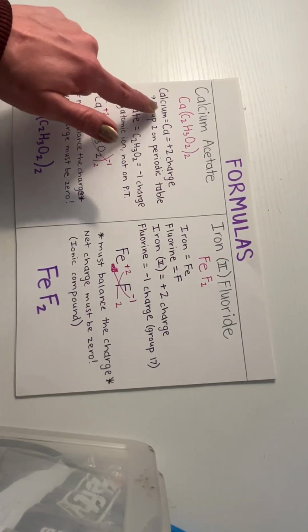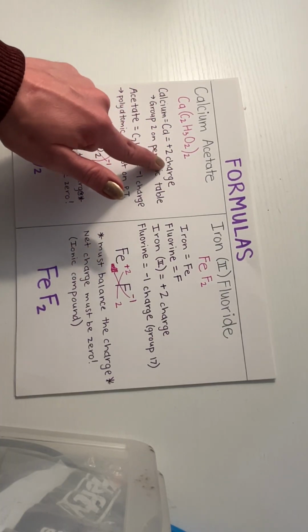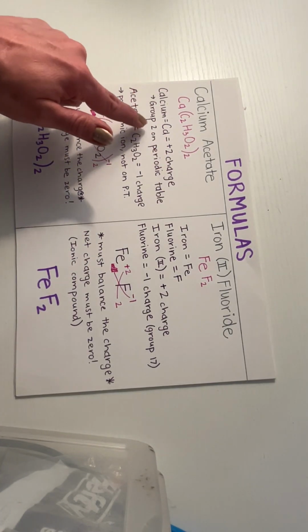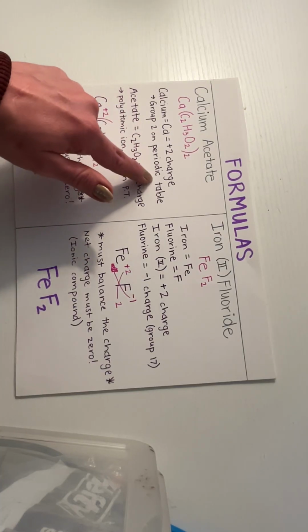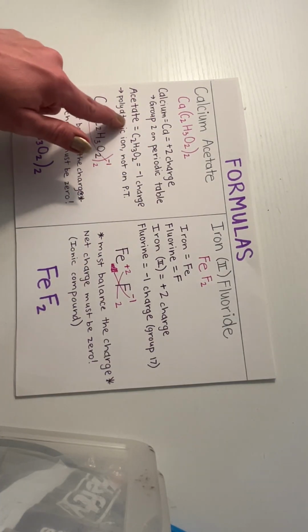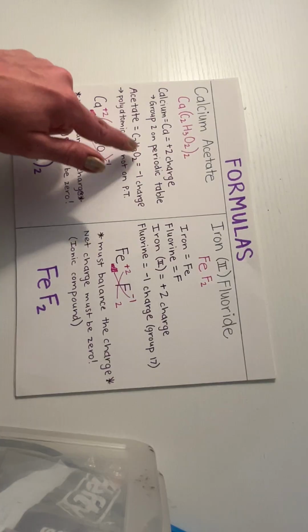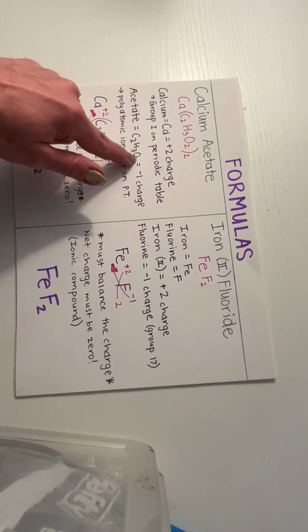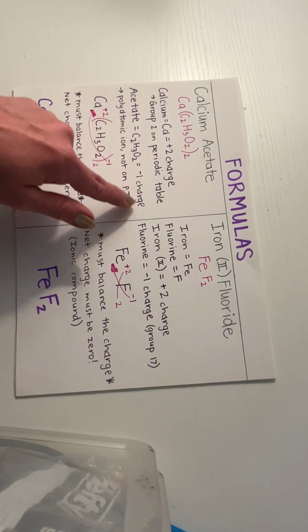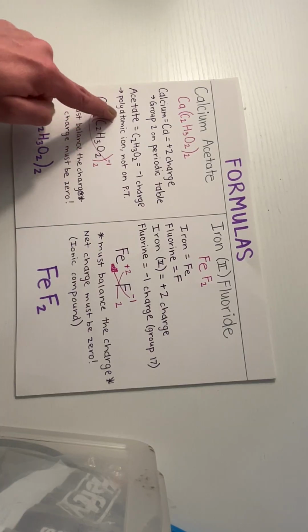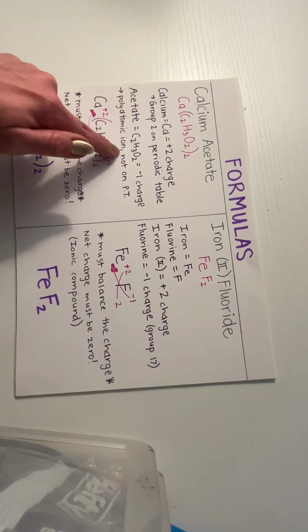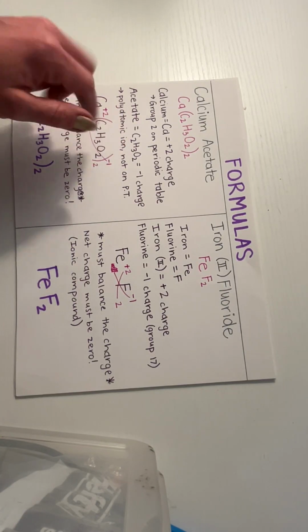So calcium is Ca, and that has a positive 2 charge. This is in group 2 on the periodic table. And then acetate, this is the formula for acetate, C2H3O2. This has a negative 1 charge. This isn't on the periodic table, it's a polyatomic ion, so it's on the ion table.